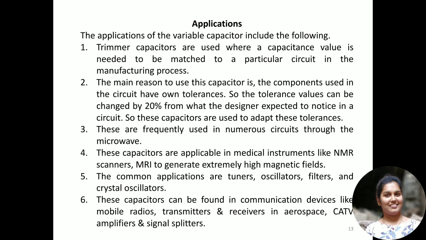Generally, trimmer capacitors are used where the capacitance value needs to be matched to a particular circuit in the manufacturing process. The main reason to use variable capacitors is that the components used in the circuit have their own tolerances, so the value can change up to 20% from what the designer expected to see in the circuit.